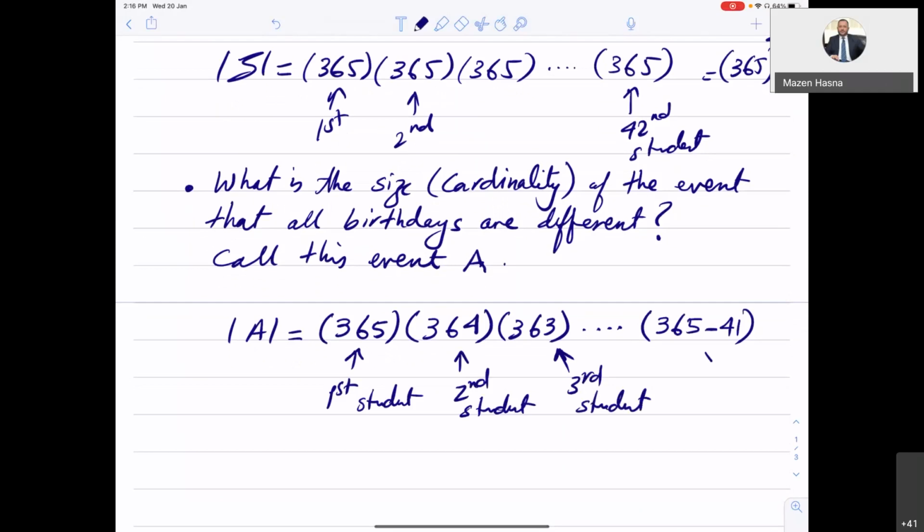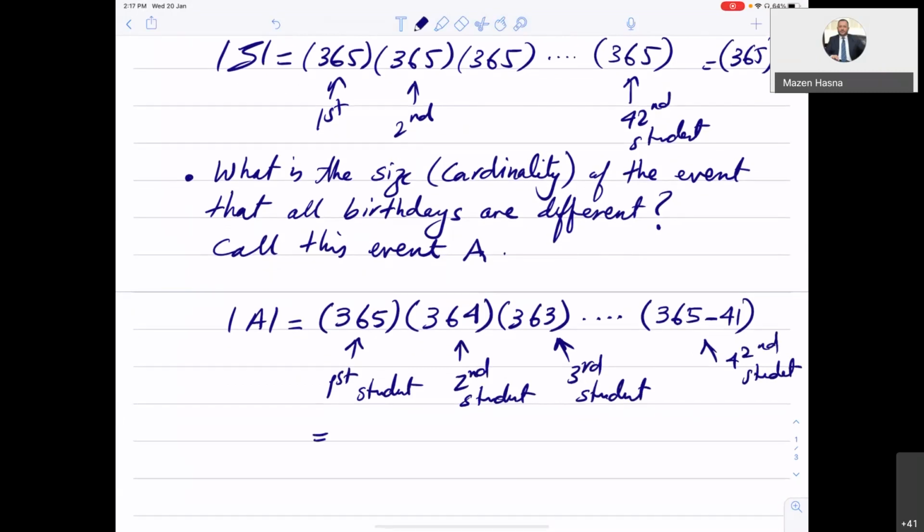So the 42nd student is 365 minus 41. Which is equivalent to what? To 365 factorial divided by what? 42 factorial, right?